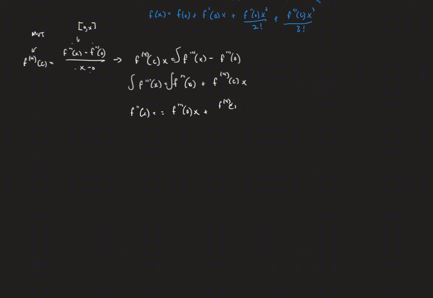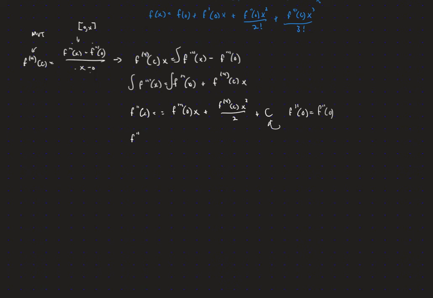So that's going to be, whoops, I didn't do that quite right, the fourth derivative at c times x squared all over 2, and our constant of integration. Our initial condition is that the second derivative at 0 will be whatever it is we want that second derivative to be. And so that's going to make that constant be f double prime of 0.